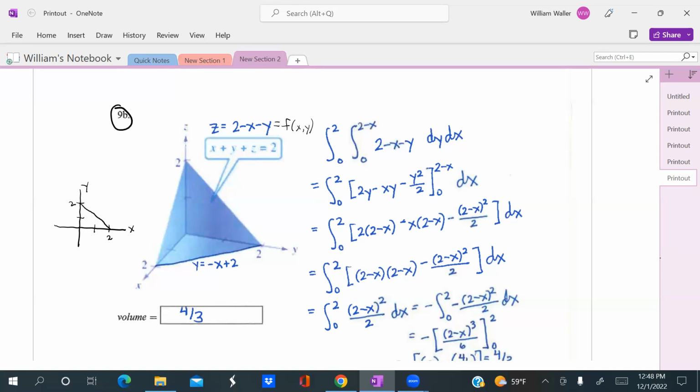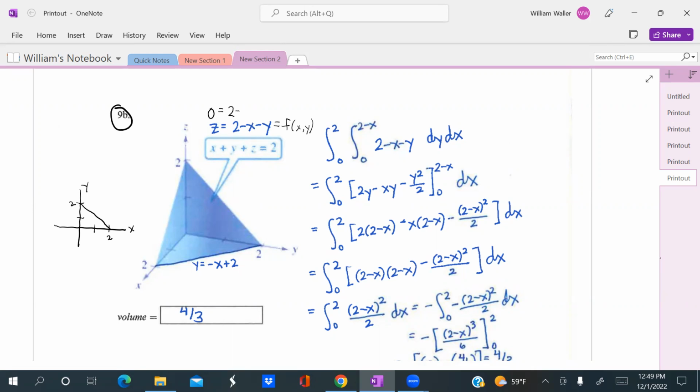and the equation for that line you can get pretty easily just by computing the trace of this plane, the trace of this surface in the XY plane, and you get that just by setting z, the surface, to 0.